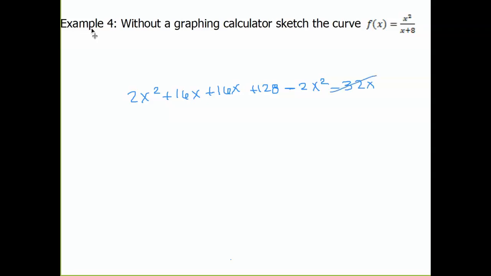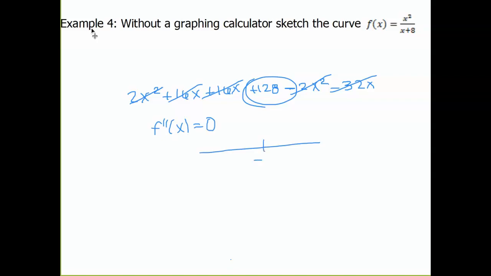So minus 32 plus 16, 2x squared minus 2x squared, I'm left with 128. So the numerator is always 128. Therefore, f double prime of x never equals 0 because it's always positive.